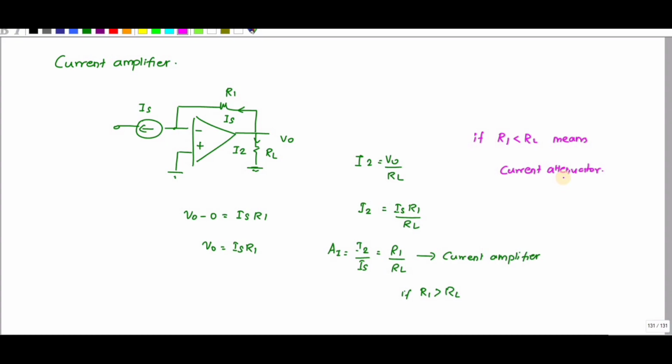The disadvantage of the circuit is that the current gain and attenuation depend on the resistances R1 and RL, where RL is the load resistance. If the load can be floating, then you can use this type of circuit.